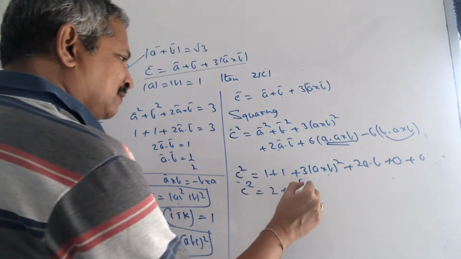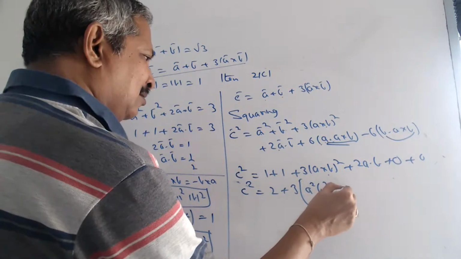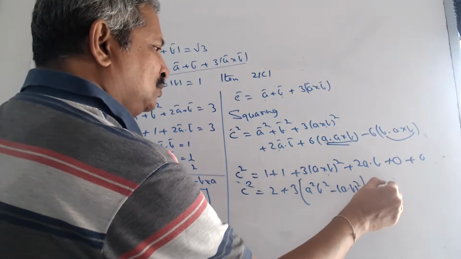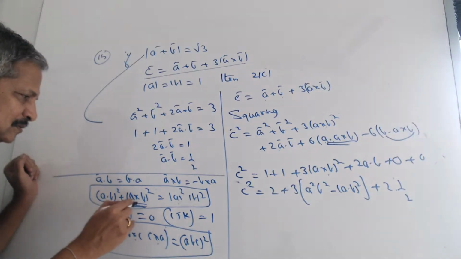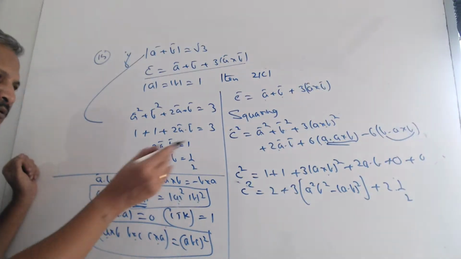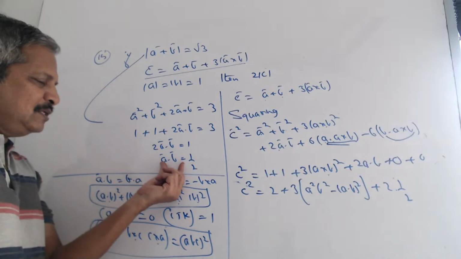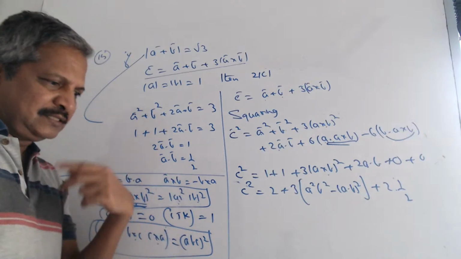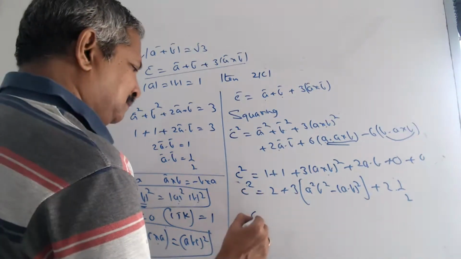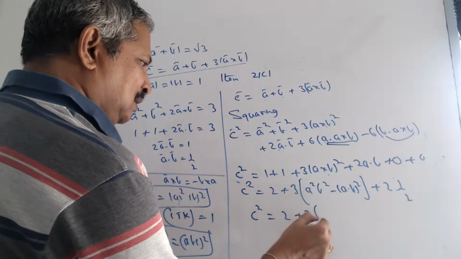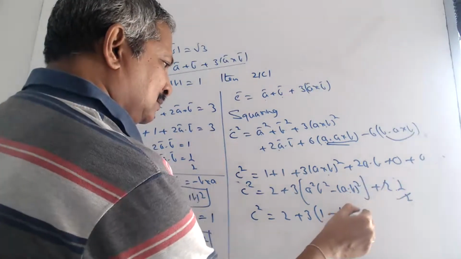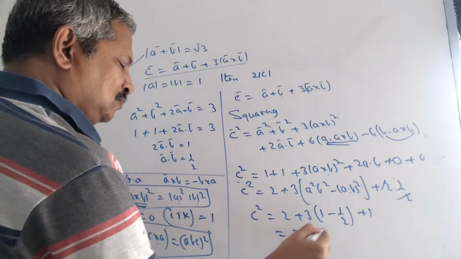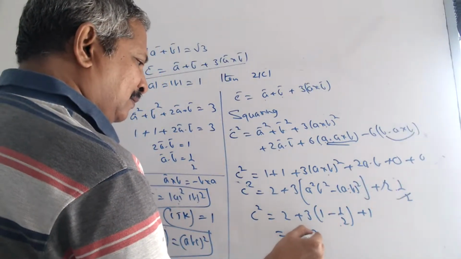A cross B whole square is A square B square minus A dot B whole square. A dot B is 1 by 2 already. Otherwise, if from this you find cos theta, the theta value, then sin theta, you can do it like that also. So 2 plus 3 into A square 1, minus A dot B, 1 by 2, square.